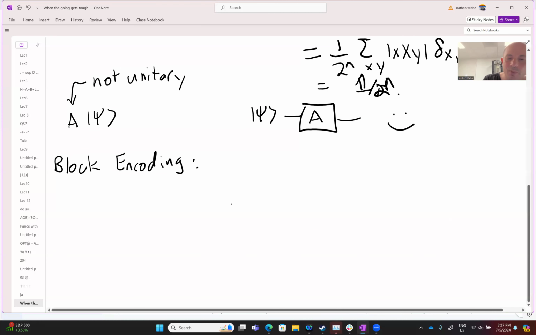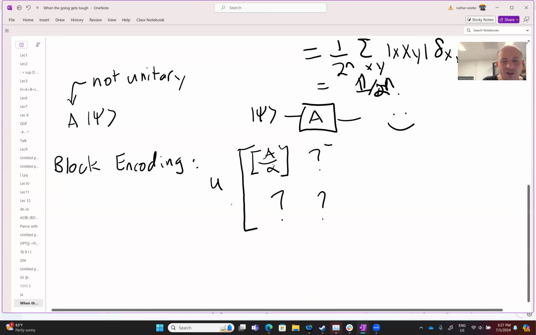We want to construct a larger unitary matrix U, such that in a block, usually taken to be the top left-hand corner, but it technically doesn't matter, we have the matrix A divided by this alpha concept, which I'll get to later. Alpha here is a normalization constant.